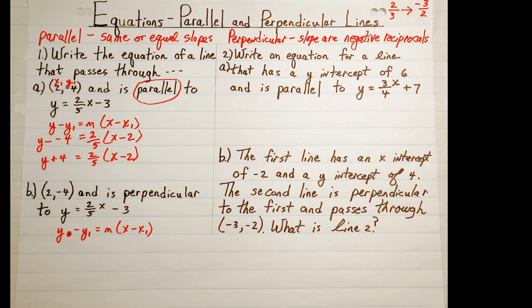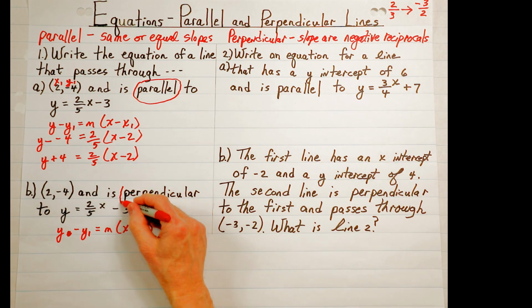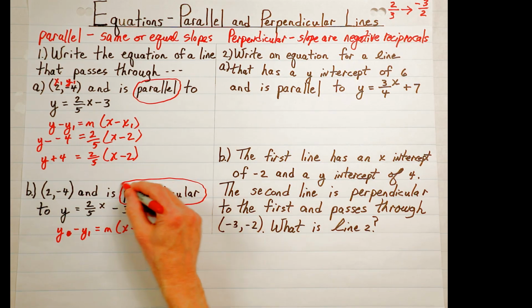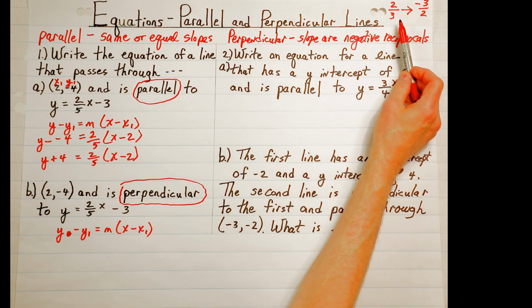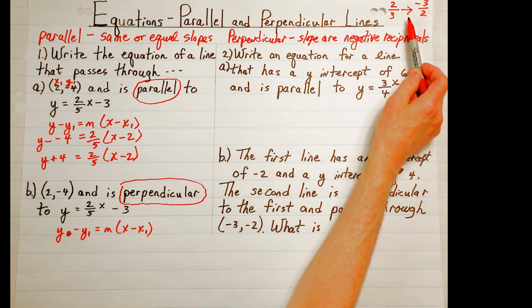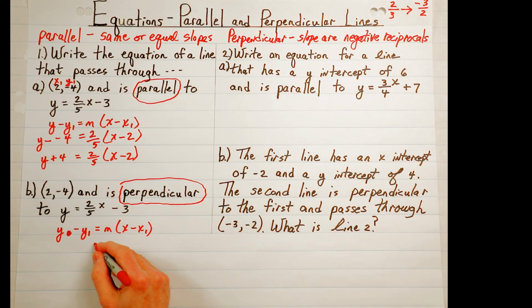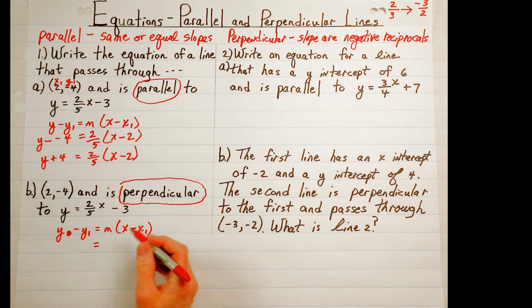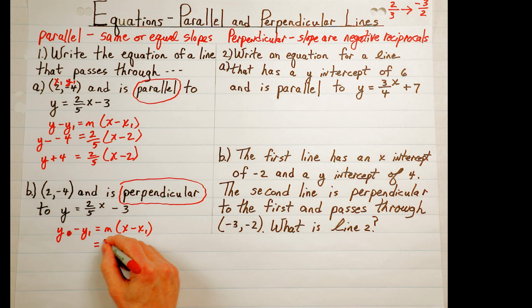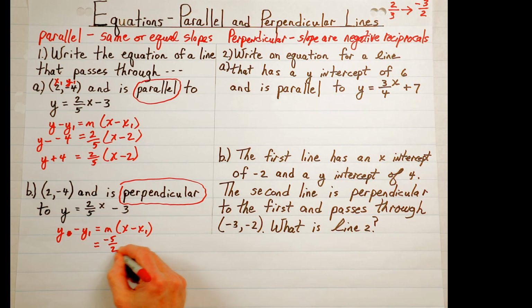So this time it's perpendicular. And remember our quick review at the beginning of the lesson today. This slope is 2 over 5, and if we're looking for a perpendicular line, we have to get the negative reciprocal, which would be minus 5 over 2.